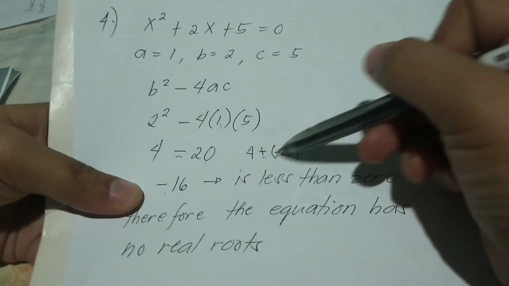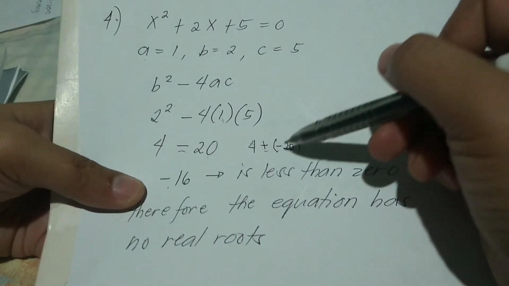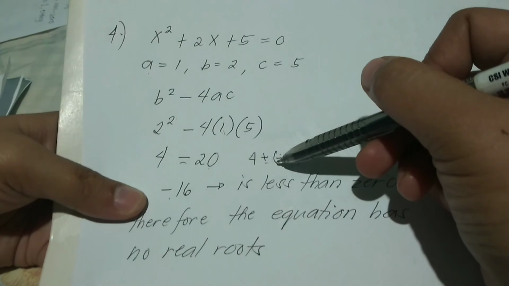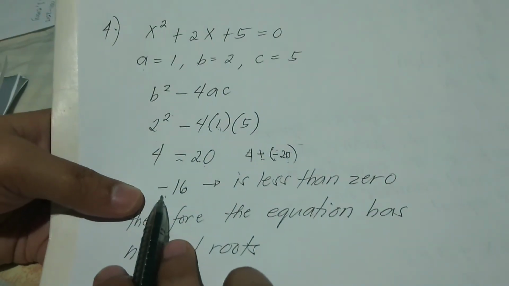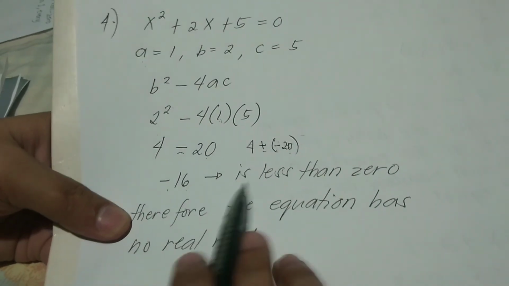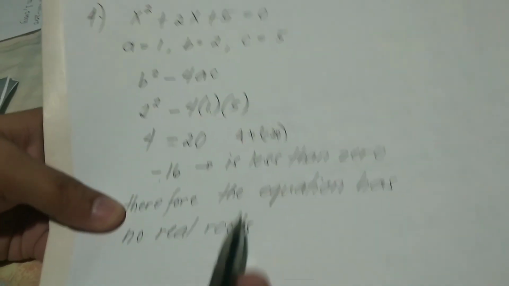Pag magkaiba ng sign, you subtract 20 minus 4, 16, and then follow the sign of the bigger number, which is 20. Ano yung sign niya? Negative. So, the answer is negative 16. Negative 16 is less than 0. Therefore, the equation has no real roots.